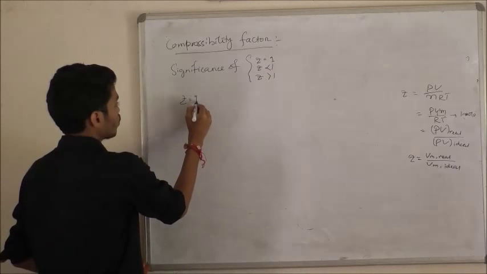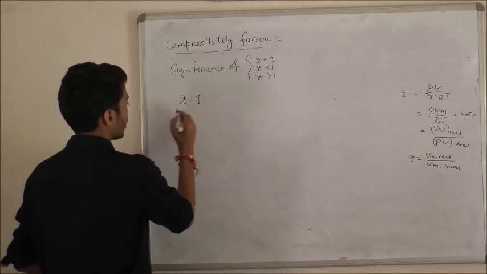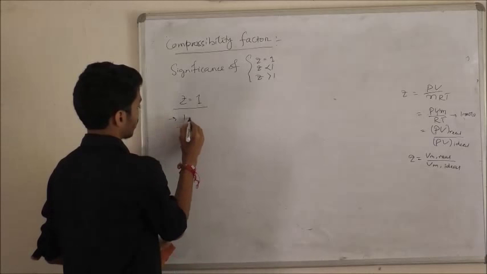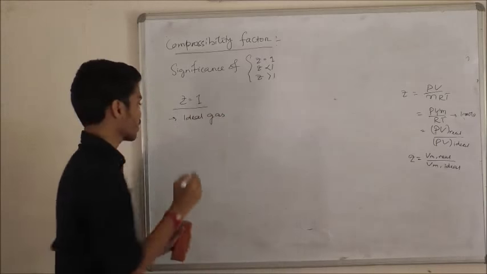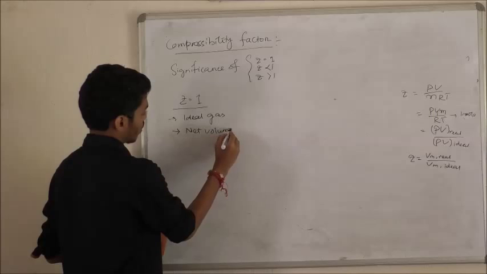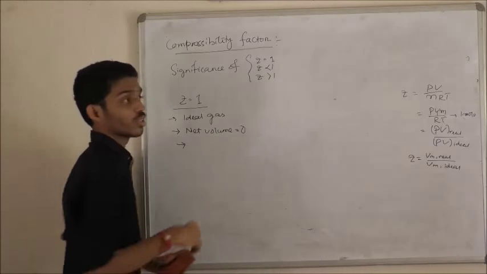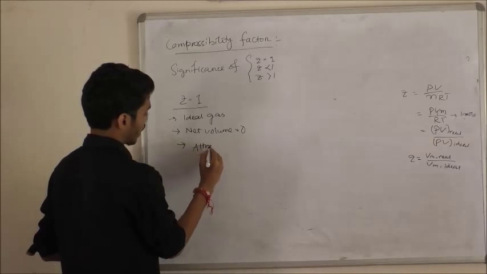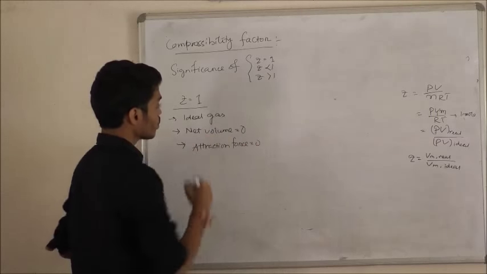When Z equals 1, the gas is an ideal gas, and for this the net volume of gas molecules is 0, and the intermolecular force of attraction is equal to 0.